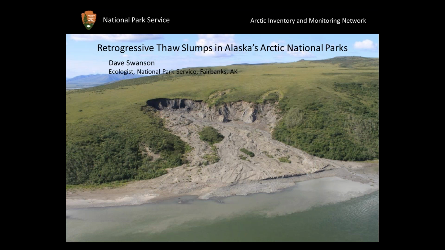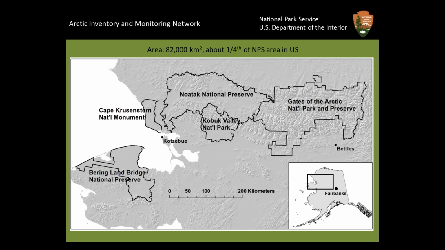So I'm going to talk about that today, and all of the work that I'll be presenting today is supported by the National Park Service as a part of the Inventory and Monitoring Program. So my field area is the 5 National Park Service units that are in north central, northwestern Alaska, known collectively as the Arctic Inventory and Monitoring Network.